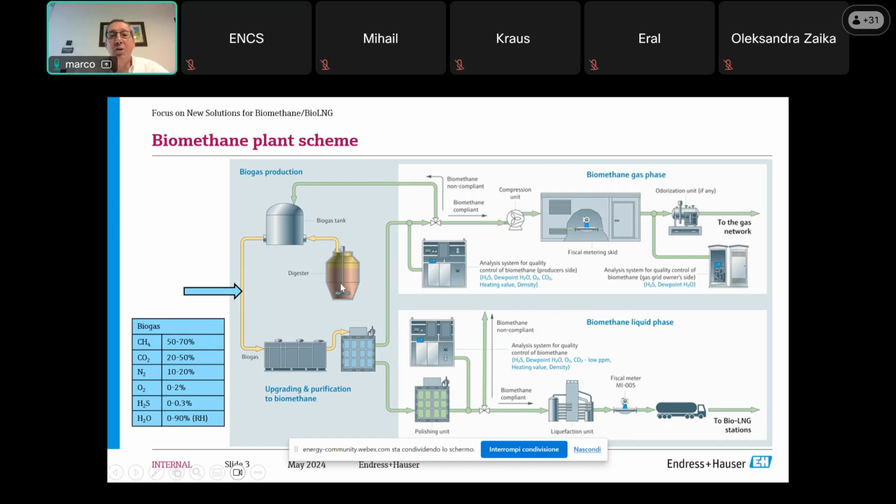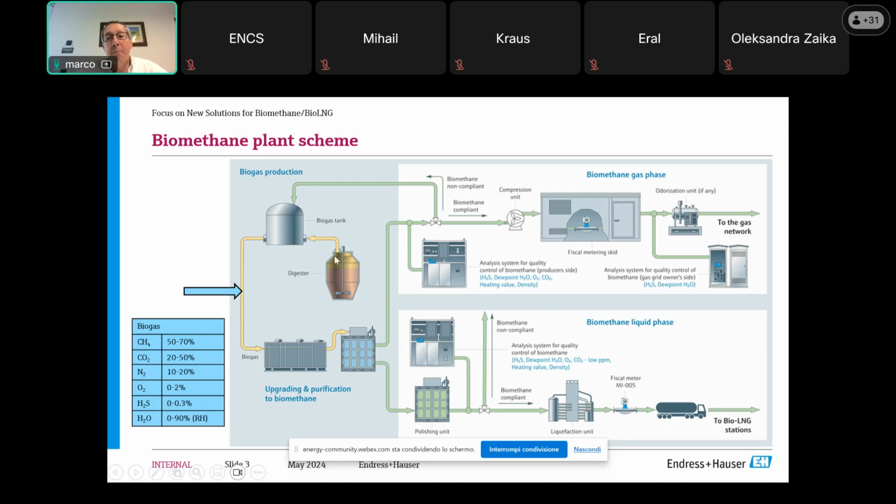The fermentation of this waste creates the biogas, which is a very dirty and unfriendly medium, because as you can see, we have methane, but also a lot of water and a significant quantity of H2S. In other words, better not to breathe the biogas.